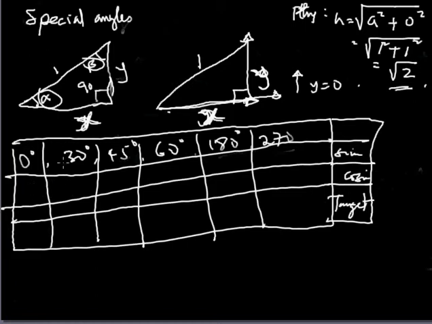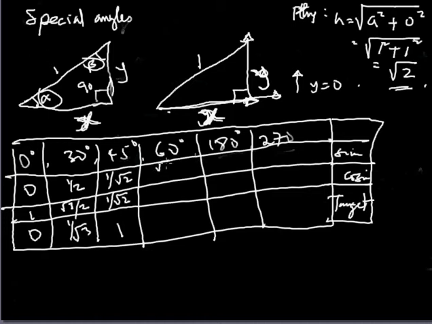So if you have this, you have 0, 1, 0. You have 1 over 2, root 3 over 2, 1 over root 3. You have 1, 1 over root 2, 1 over root 2.